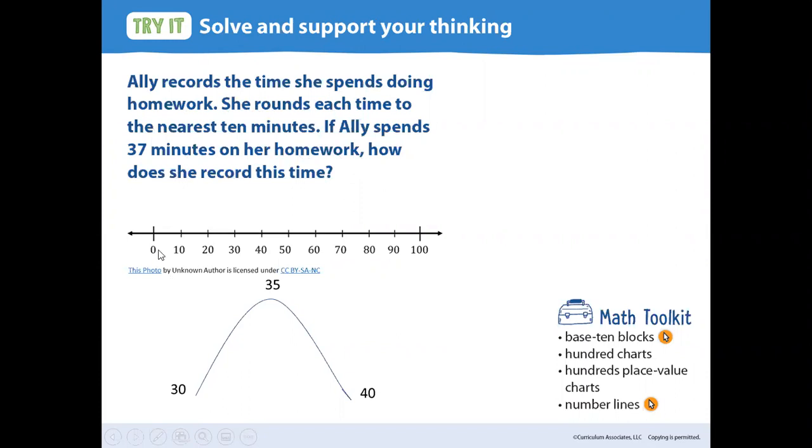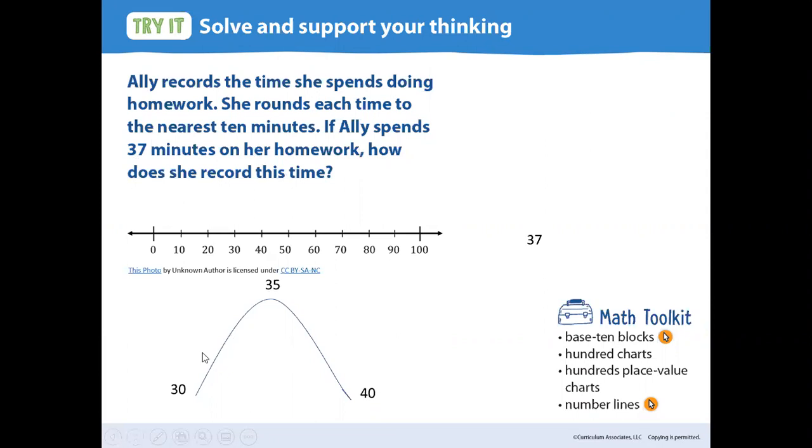We have two number charts. We have a number line, then we have a number arc. We know that Allie spends 37 minutes on her homework.